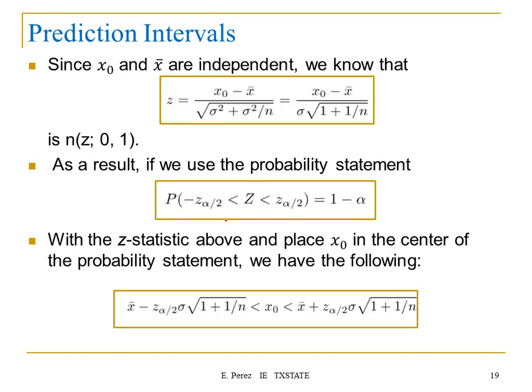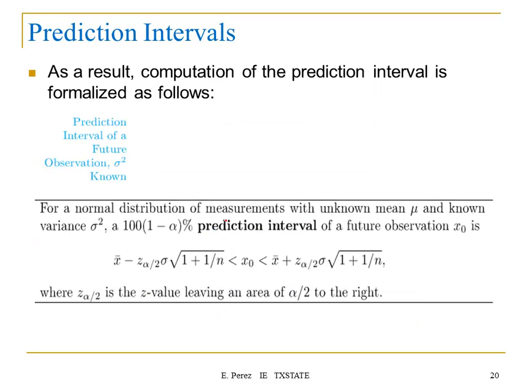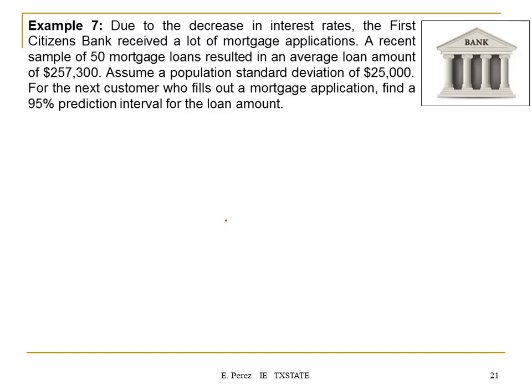So let's illustrate this with an example. I do have an example. This is the formal definition of what we just explained, and next we have the example. Due to the decrease in interest rates, the First Citizens Bank received a lot of mortgage applications.